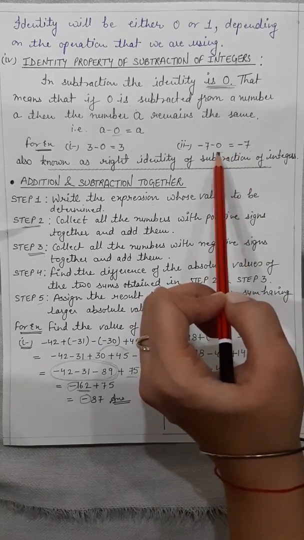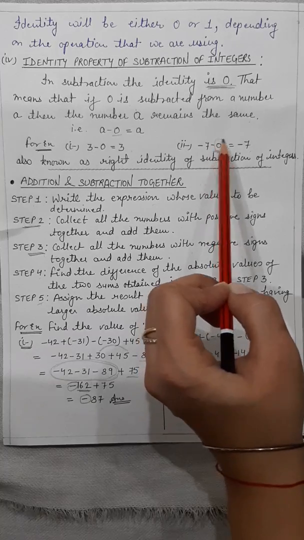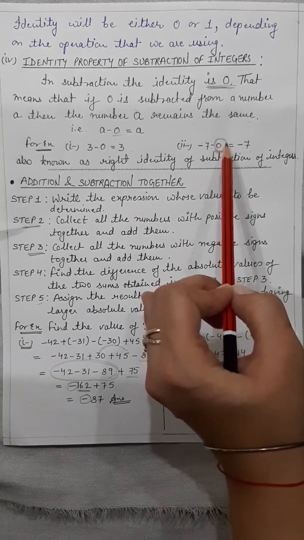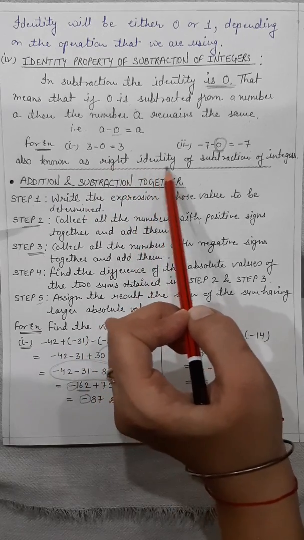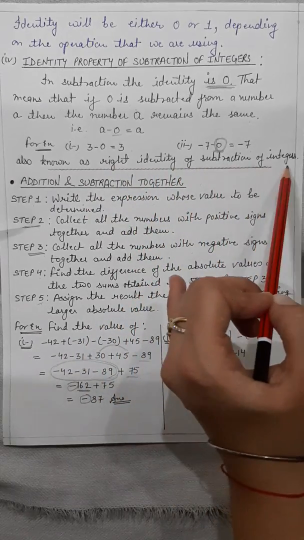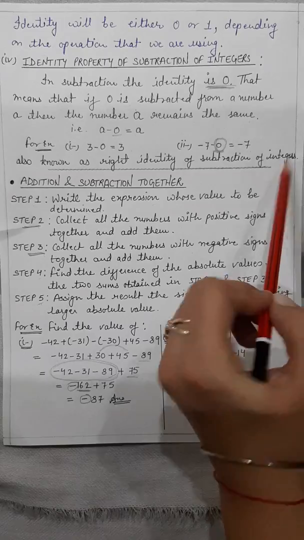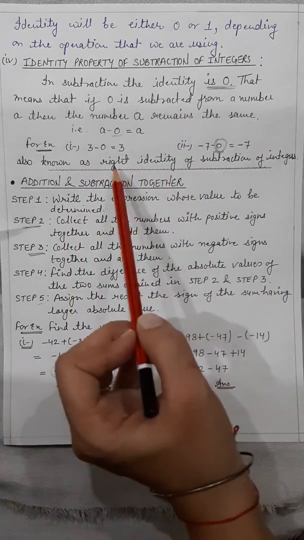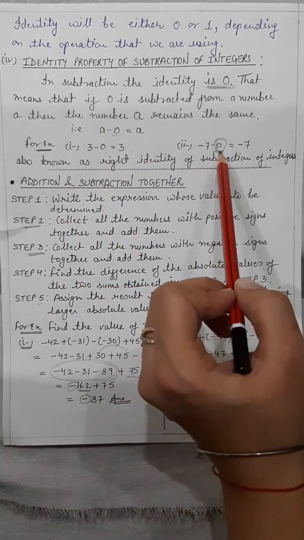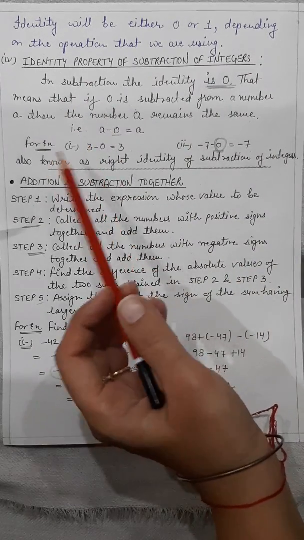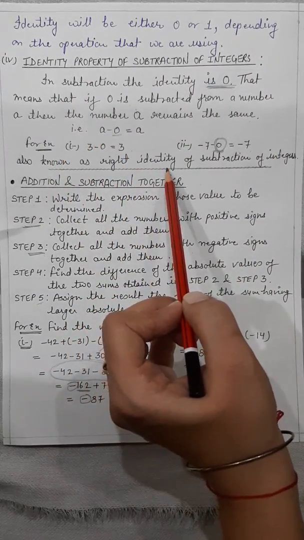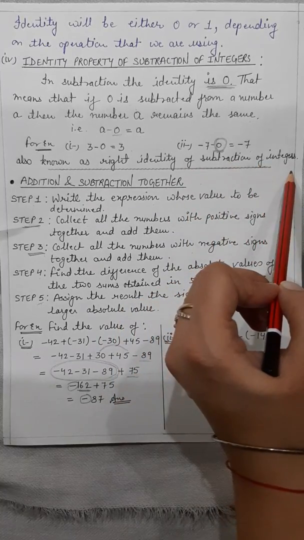Here, the identity for subtraction is the number 0. That is also known as the right identity of subtraction of integers. Now, why right identity? Because I am taking 0 on the right-hand side of the number. That is why this is also called the right identity of subtraction of integers.